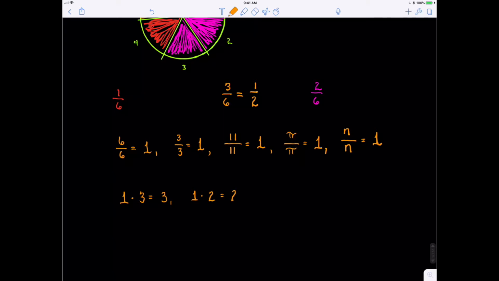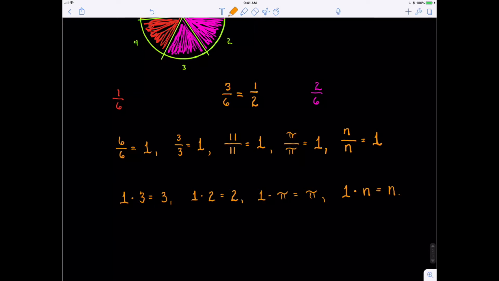Well, I get 2. And I can continue this. What if I take the number 1 and I multiply it by that pi we have up above? Well, that's just pi. The point is this. Any number multiplied by 1, so in general, if we write 1 multiplied by any number n, is very simply that number.